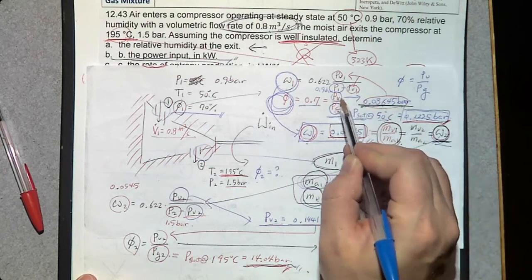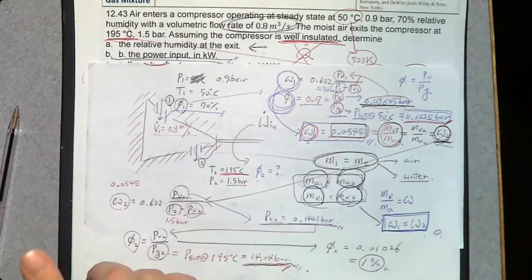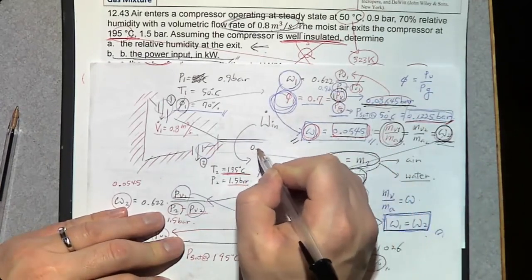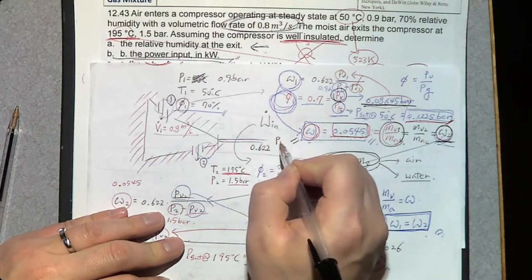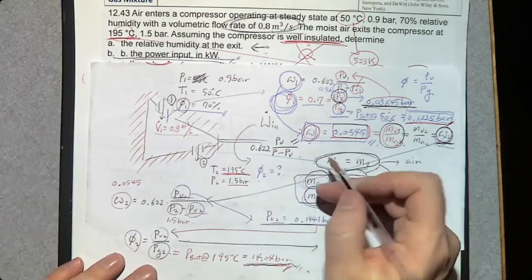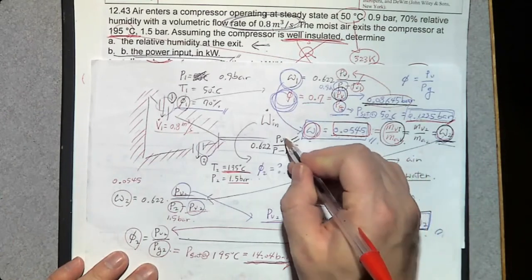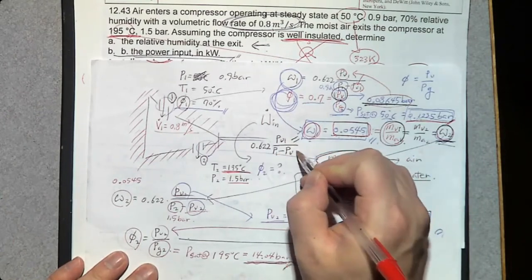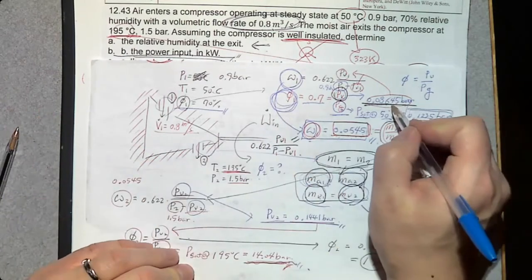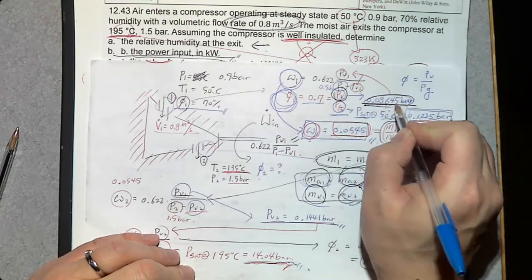Once you know PV, we can determine the humidity ratio omega, because omega is 0.622 PV over P minus PV. We can use this equation at the inlet, which is number 1. So omega is PV1 over P1 minus PV1, and we already calculated PV1, which is 0.08645.